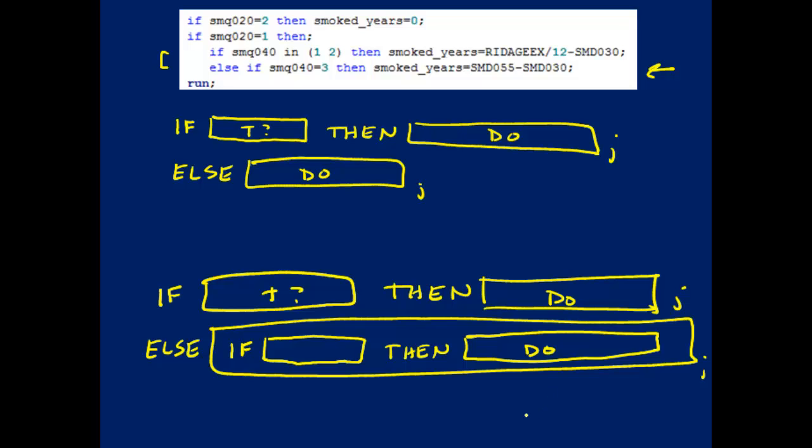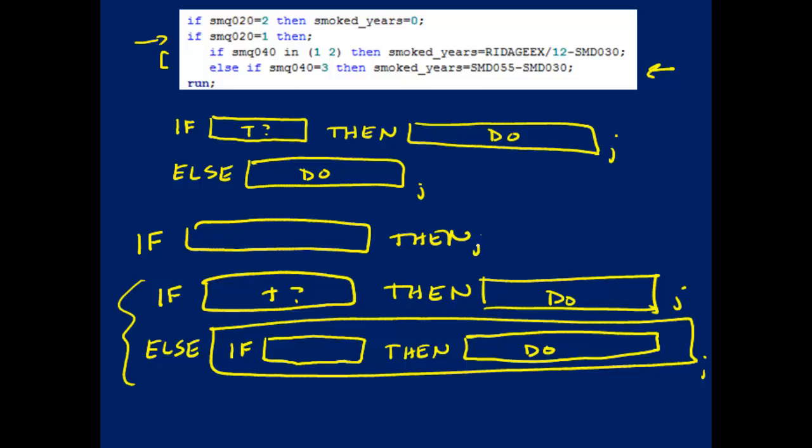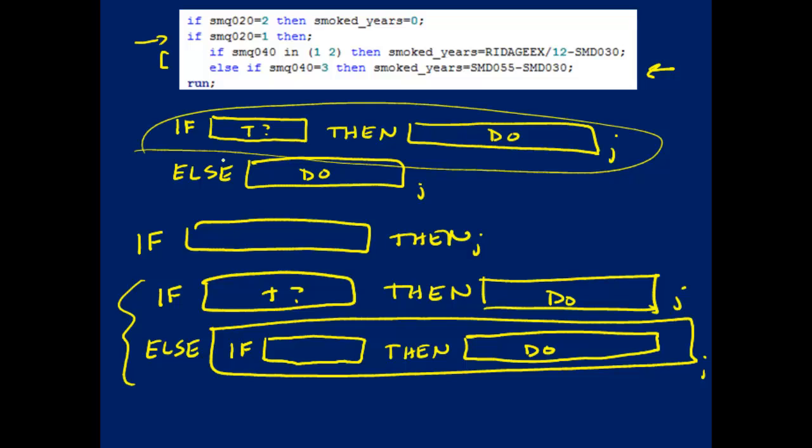And then the other part is I've limited all of this stuff in this line here. I've limited everything to the condition where this one is true. So this is just like this one up here, except that instead of a simple do statement, I have another if-then statement inside, so I have to use a semicolon here.